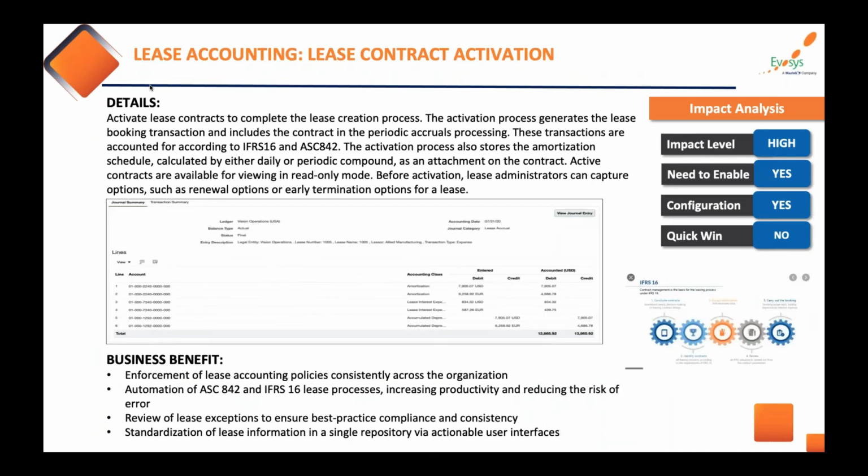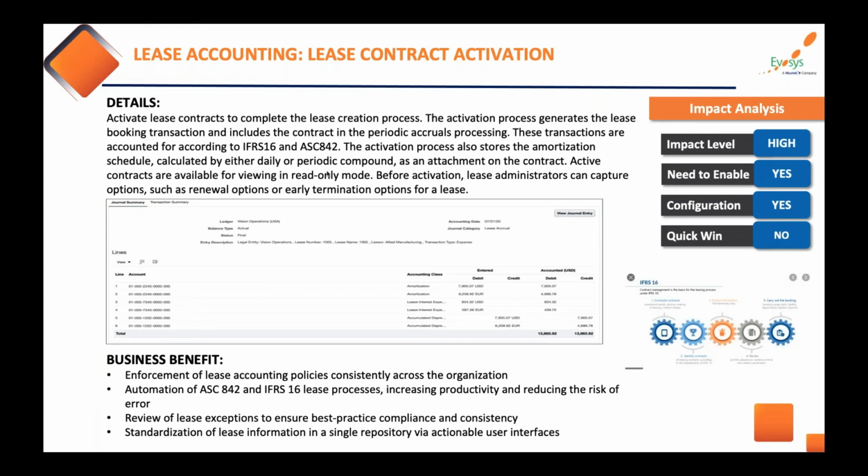Moving to next, and the last one from my side is lease accounting. The organizations which are using the lease feature, supported through IFRS 16 or ASC 842 standards, previously had no activation step, and there were some validations which were not part of the current lease process.